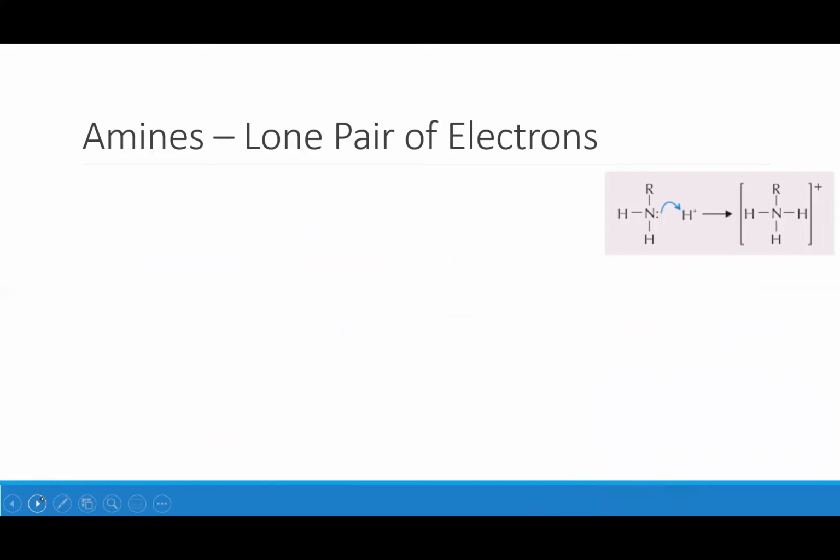The amines. Amines have a lone pair of electrons. What amines do is they act as a weak base, and they do this because they are able to accept protons.